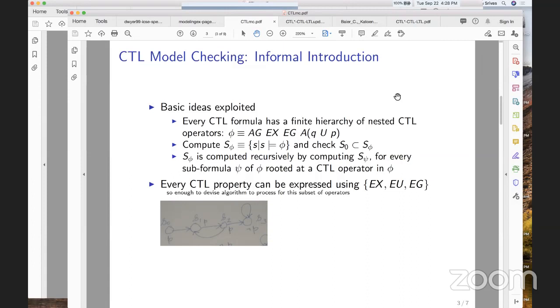I'll give an informal introduction through examples today, and that's how it is done in the book as well. We use an approach which is first non-symbolic, or more explicitly, explicit state.